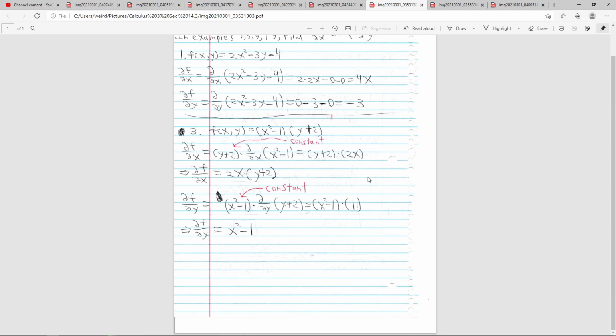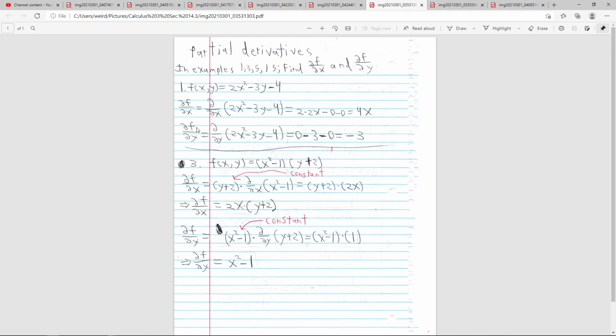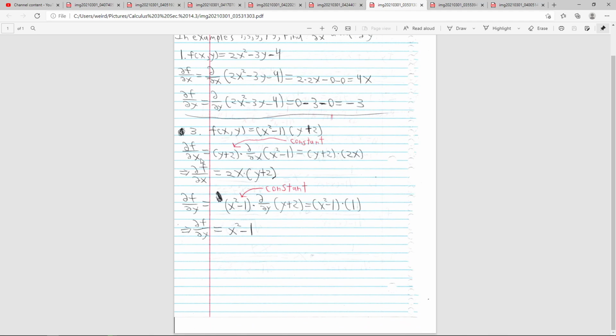And number 3 is kind of just like this. We have x squared minus 1 times y plus 2, like these two binomials. So y plus 2, when you take the derivative df dx, you can just say y plus 2 is constant, the expression is constant, so it's multiplied by the derivative of x squared minus 1 with respect to x, so it becomes y plus 2 times 2x.